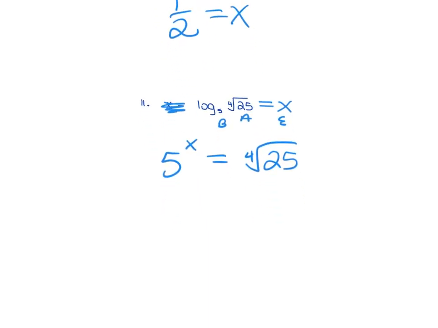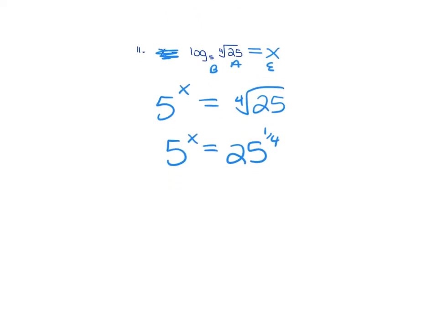I need to make them both have the same base. So I could change this first to 25 to the 1/4. And then now I can make 25 5 squared. This potentially at this point could be a question on the quiz tomorrow.